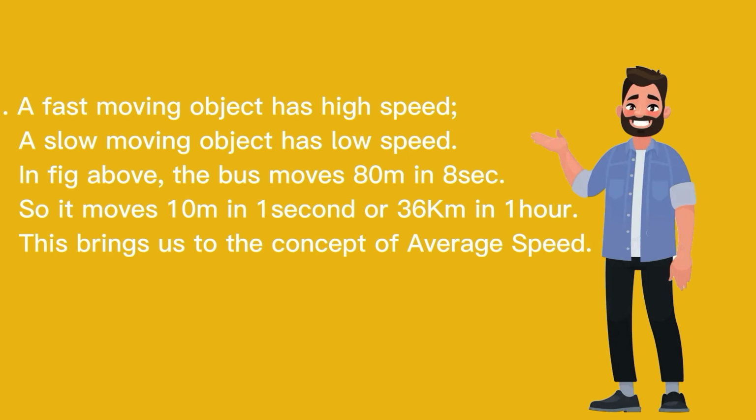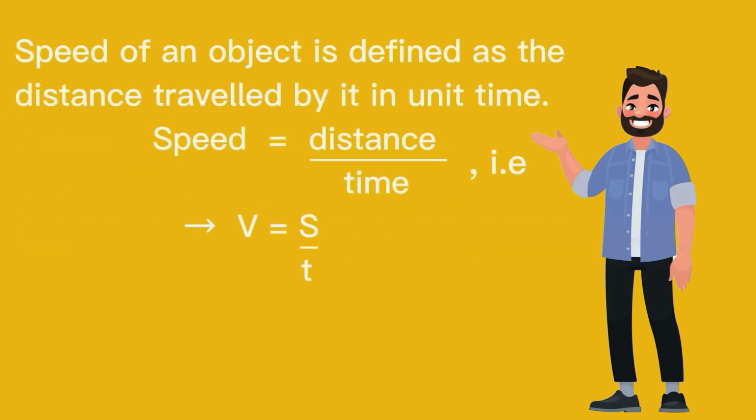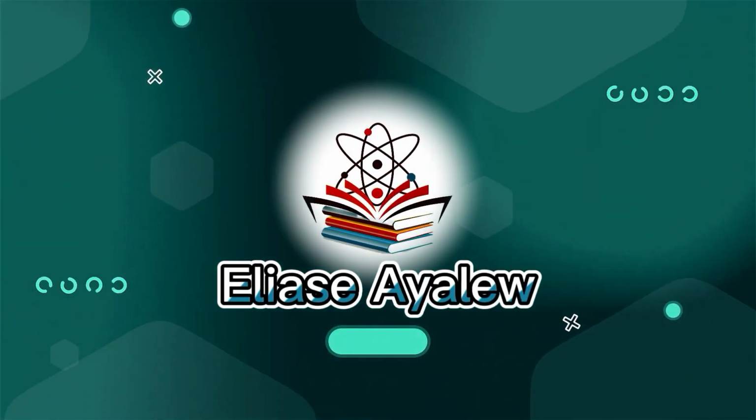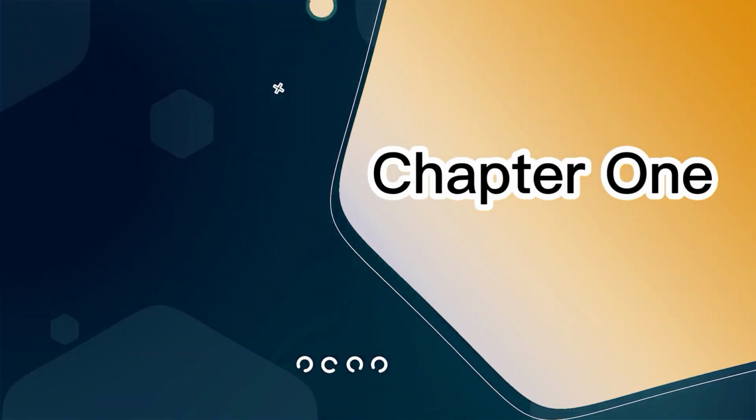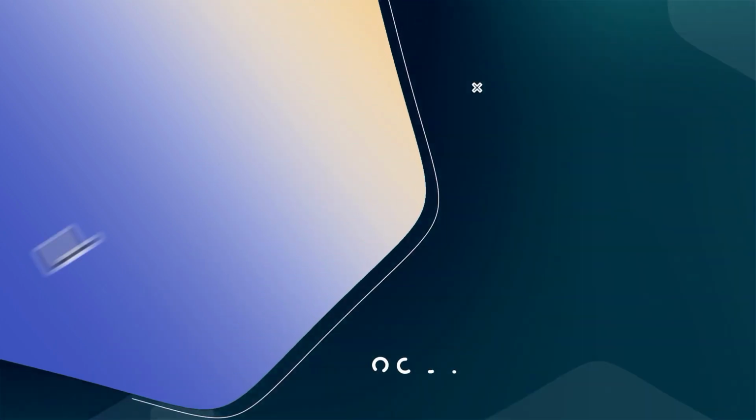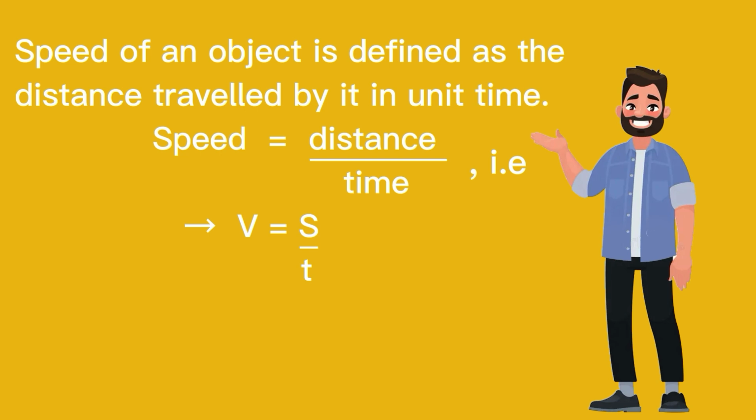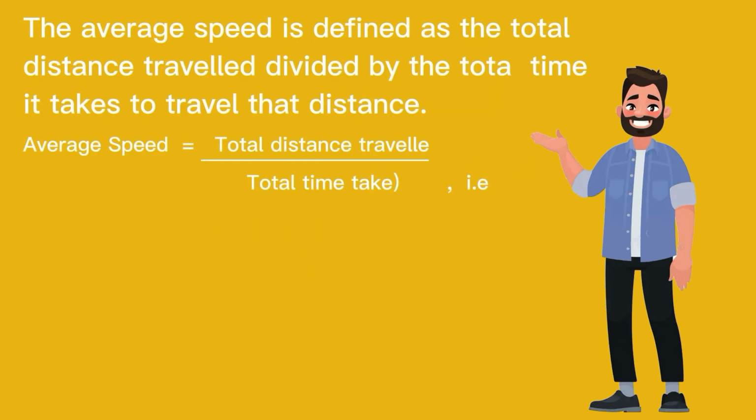This brings us to the concept of average speed. Speed of an object is defined as the distance traveled by it in unit time. That is, speed is equal to distance over time, or V is equal to S over T. And the average speed is defined as the total distance traveled divided by the total time it takes to travel that distance.